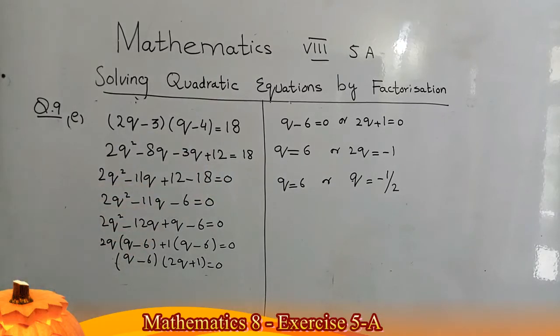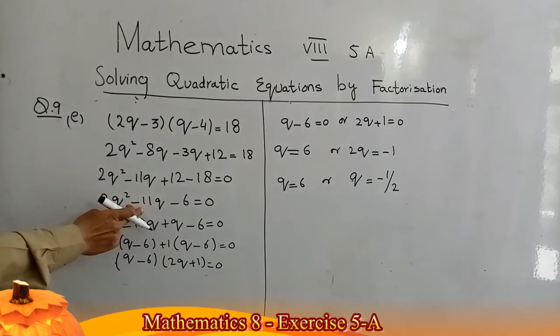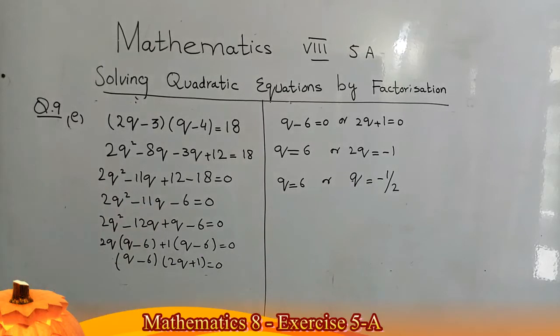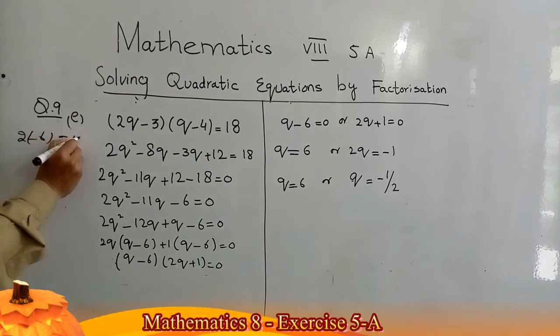Now the question is in the standard form. Here the coefficient of q square is 2 and the coefficient of q is minus 11 and the constant term is minus 6. First of all, I will multiply the coefficient of q square with the constant term, then I will get minus 12. Next, I will find the factors of 12.